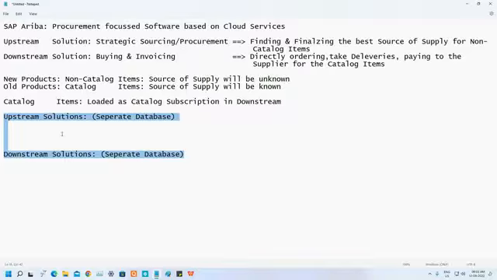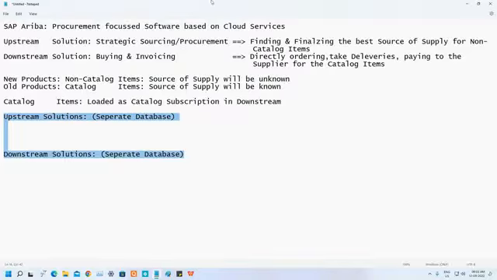Why is that? Because if you look at ECC, S4 HANA, SRM, all of these products have a single database. So as a functional consultant, you were not constrained. It does not matter, boss. But when you come to Ariba, you see that the upstream solution is present in one database, downstream solution is present in another database. Does it create issues? I will say yes, it does.